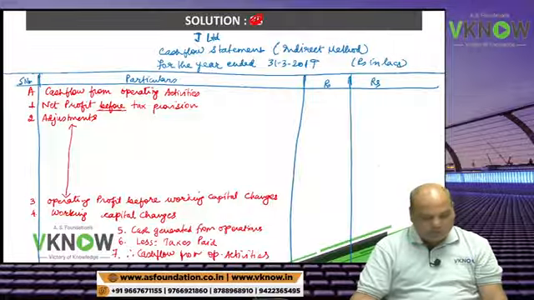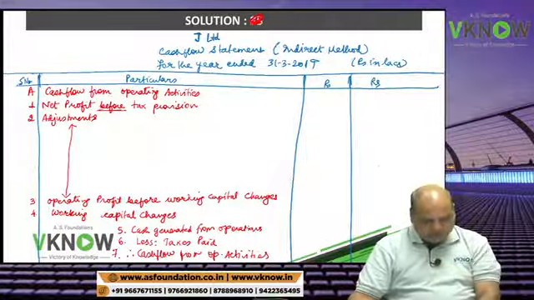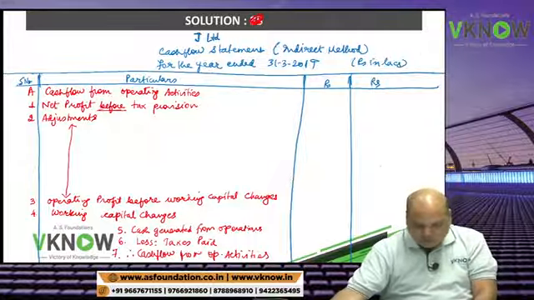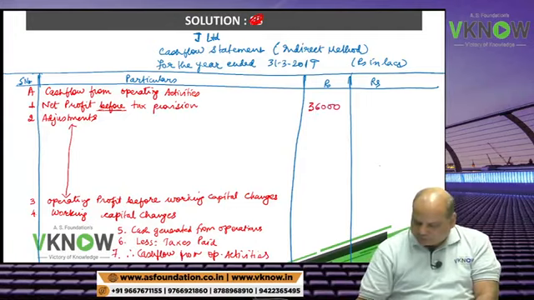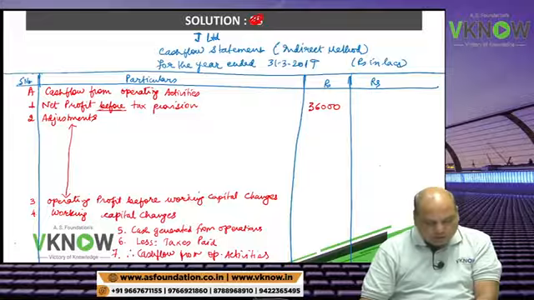So the question begins with net profit before tax provision. So write down here 36,000. Then dividend paid.